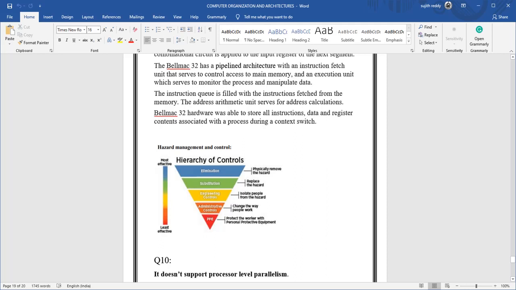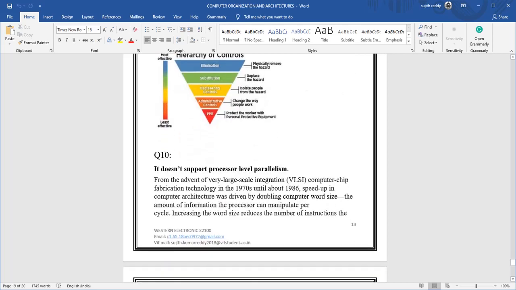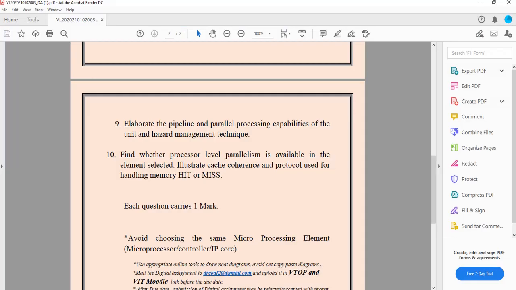If it does, illustrate cache and protocol types. So it does not support processor level parallelism. From the advent of very large scale integration, VLSI computer chip fabrication technology in the 1970s until 1986, speed-up in computer organization came from increasing the word size, which reduces the number of instructions and processor elements.